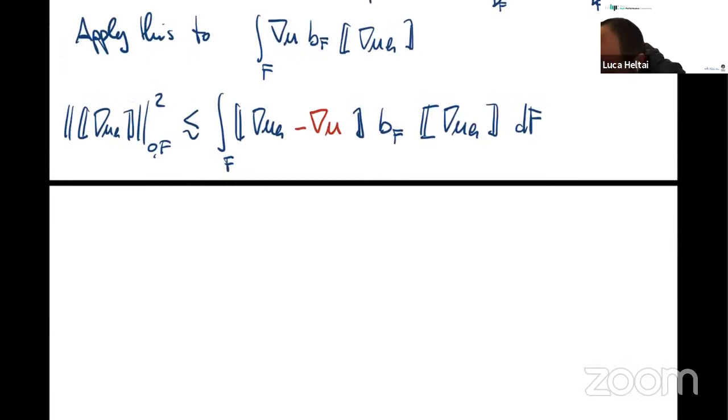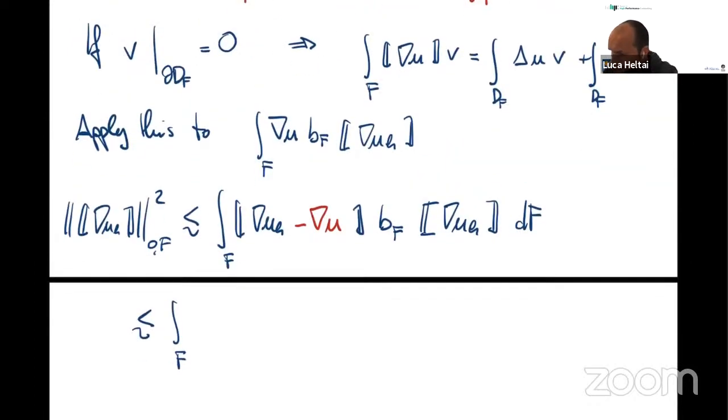Not to keep going up and back and down, then this becomes smaller or equal than the integral on f of gradient of, sorry, so I apply this there, I have the jump that is present here becomes Laplacian of u on each one of the two entries plus gradient of u, gradient of v.